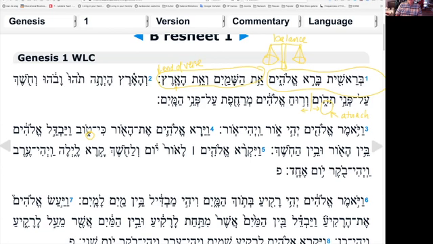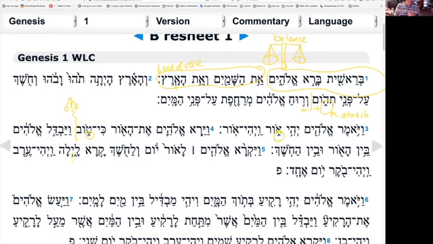Vayar Elohim et haor kitov. Vayavdil Elohim ben haor uven hachoshech. So here we have the balance scale, like this. So it helps you. The Atnach helps you to understand where the balance in the text is.